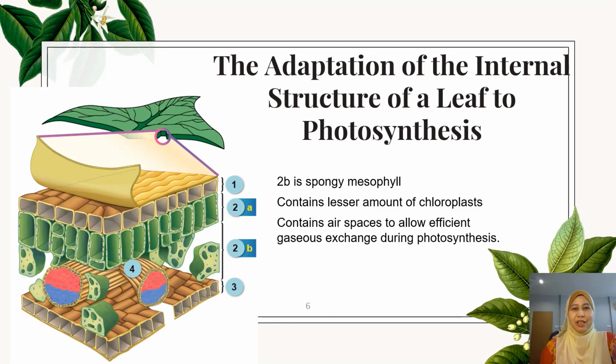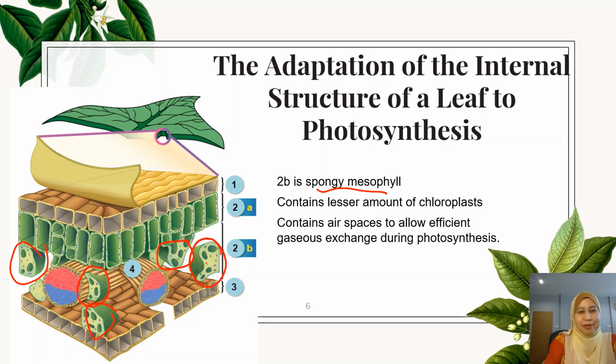Next structure is 2B, that is spongy mesophyll. This one. Spongy mesophyll, the green color here. Meaning when they are green color, they contain chloroplasts, but the amount of chloroplasts is less than the amount of chloroplasts in the palisade mesophyll.